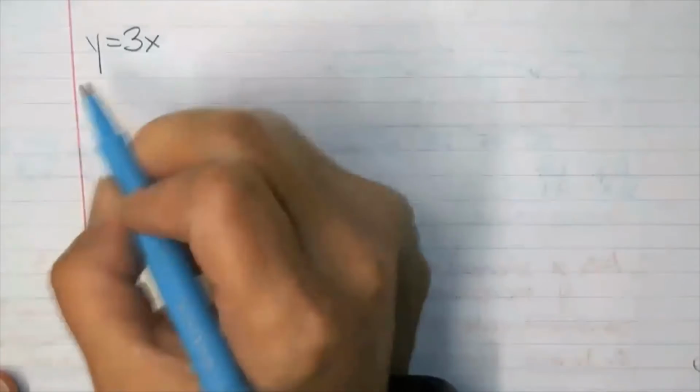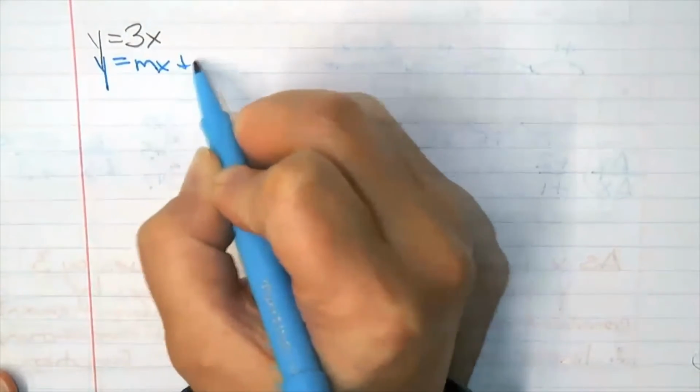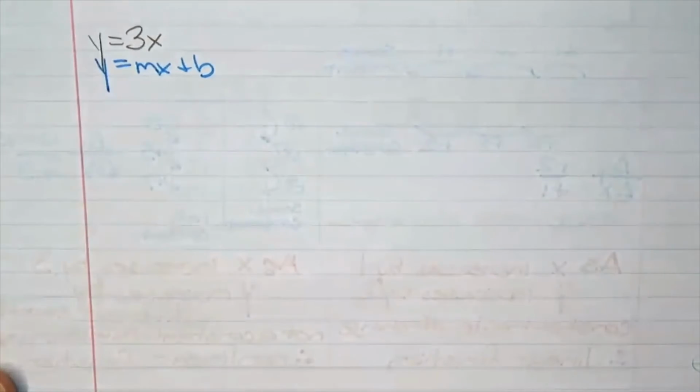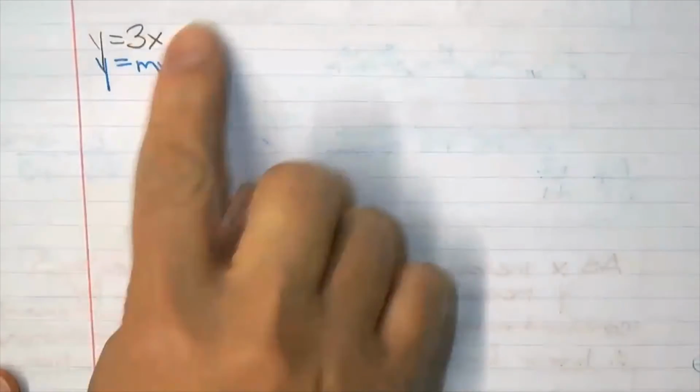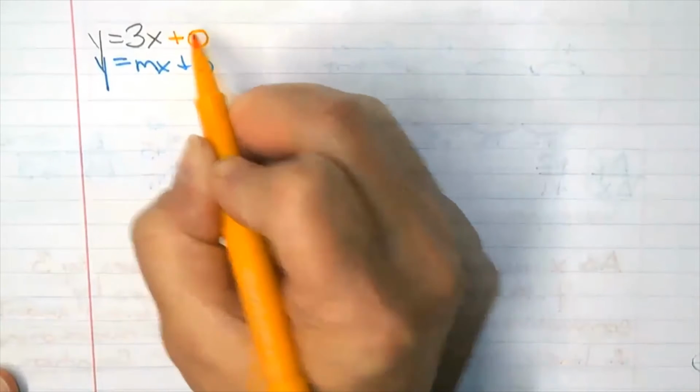Well, if it's linear, you can write it in slope-intercept form. Y equals mx plus b. Is this in slope-intercept form? Yeah. The b is there. It's just invisible.